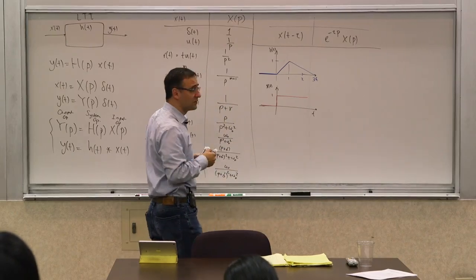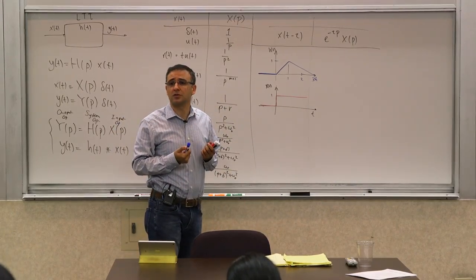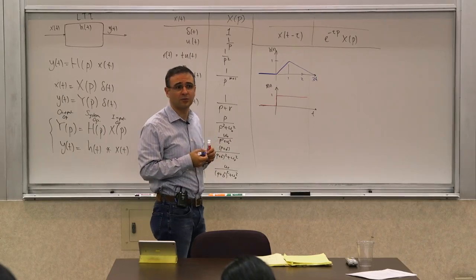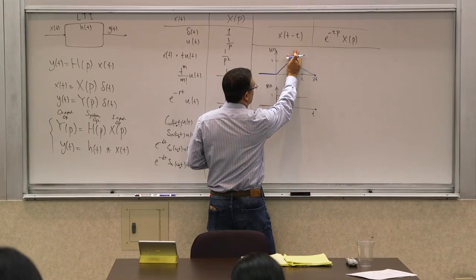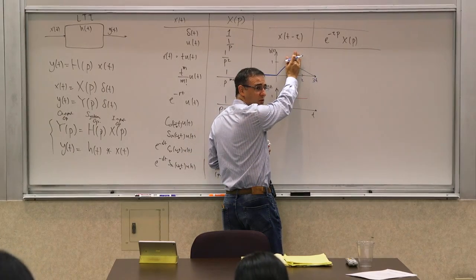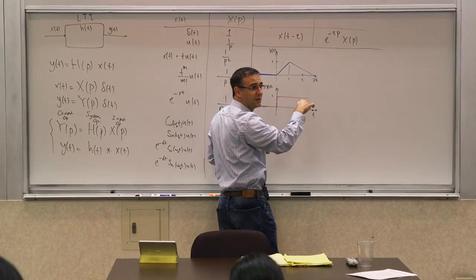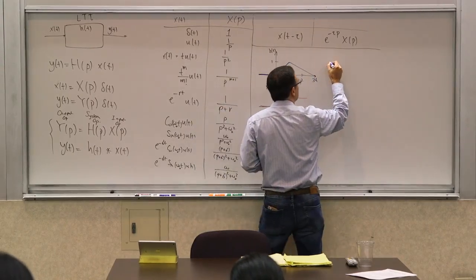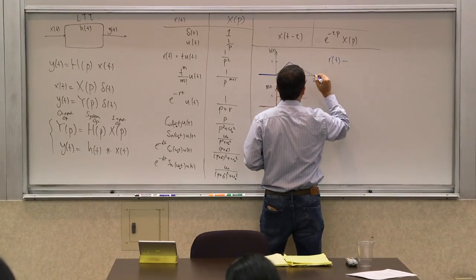h of t, we can write it as a combination of singularity functions, right? Well, how can we write it? If you look at just this part of it up to here, what do you see? You see just the ramp function, t u of t, right? And then you need to subtract another ramp from that.